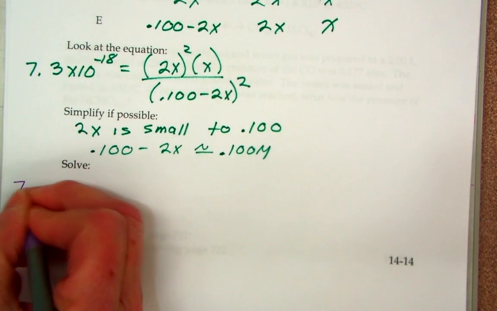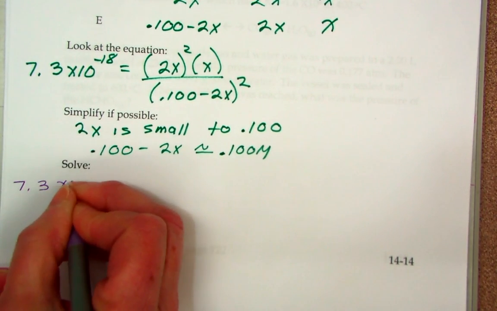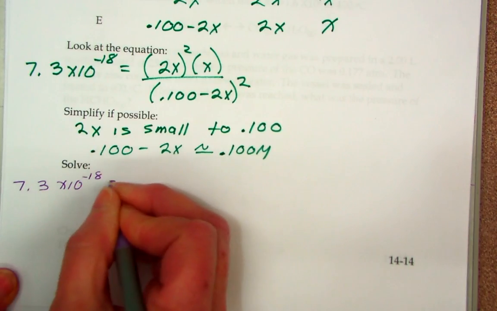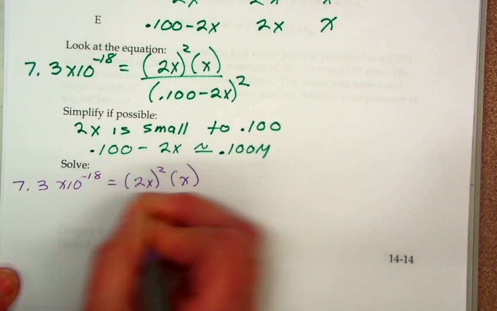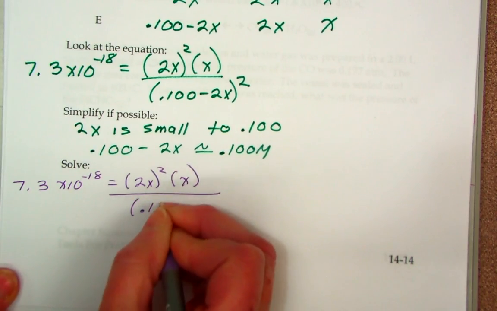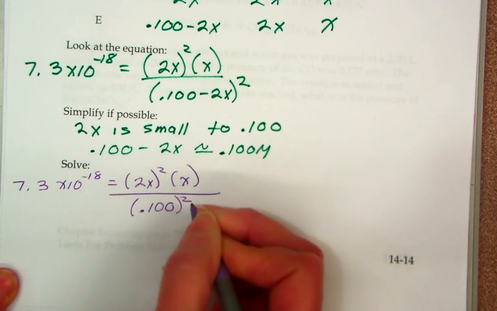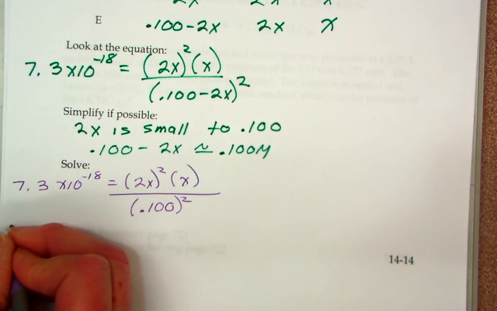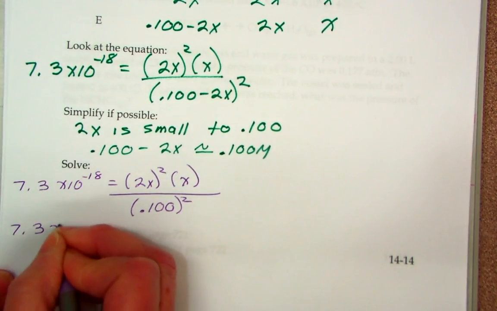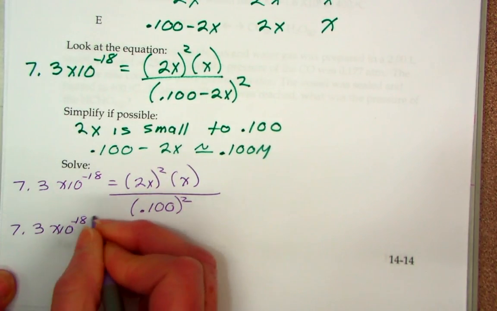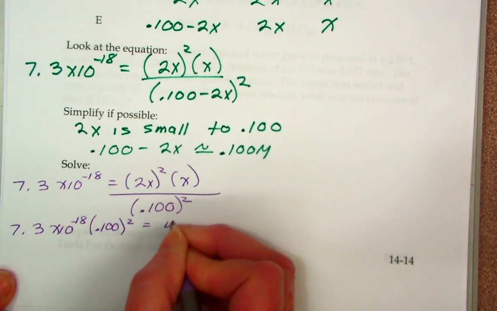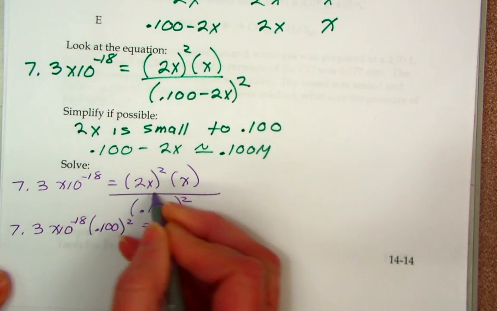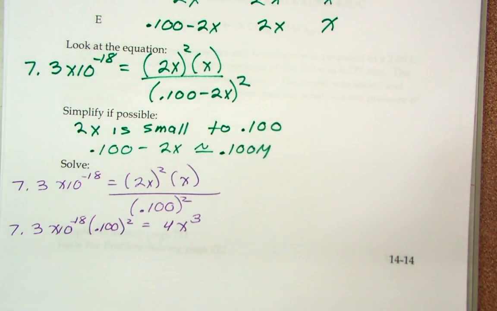So now, 7.3 times 10 to the negative 18th is equal to 2x, the quantity squared, times x, divided by 0.1, the quantity squared. So now I rearrange. 7.3 times 10 to the negative 18th times 0.1 molar squared is equal to 4x cubed, because 2x, the quantity squared, is 4x squared, times x is 4x cubed.